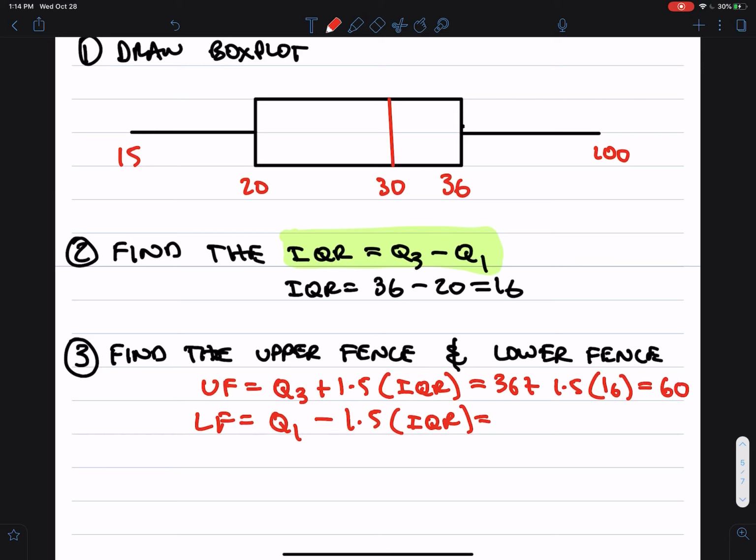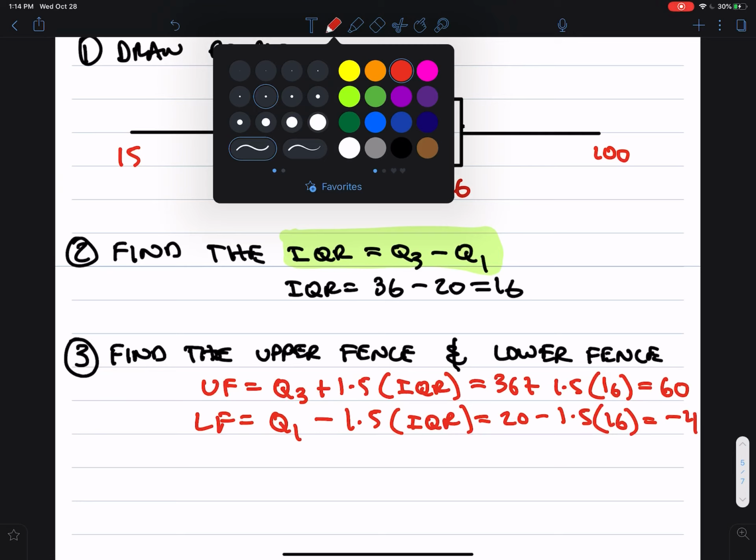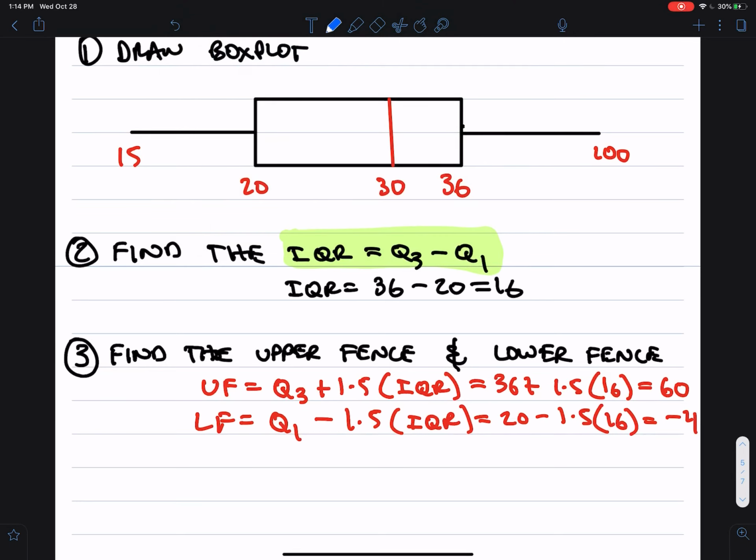For the lower fence, go ahead and plug in Q1. Q1 is 20, subtract 1.5 times 16. You're going to get -4. So what I just created were fences. So -4 and 60, I'm going to put those on the box plot. 60 is somewhere in between 36 and 100.